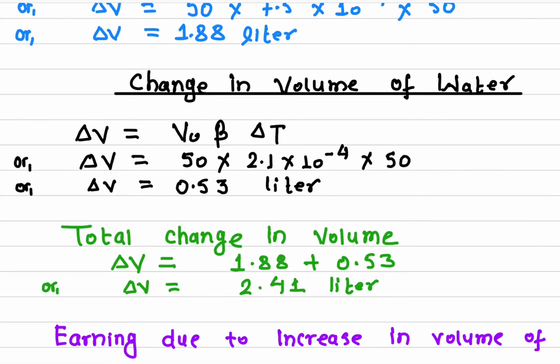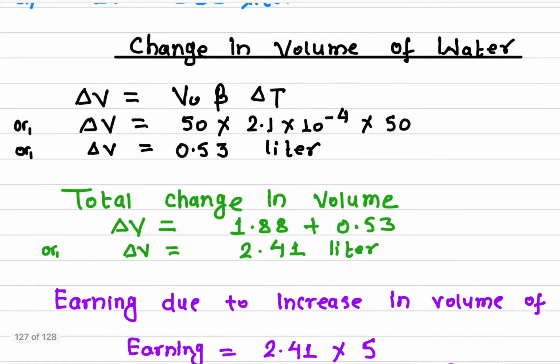So the ethyl alcohol has increased by this amount, 1.88 liter, and the volume of water has increased by 0.53 liter. So what is the total increase in the volume?